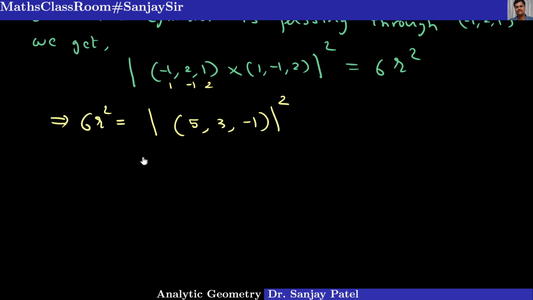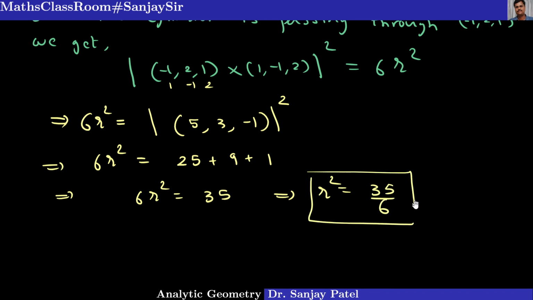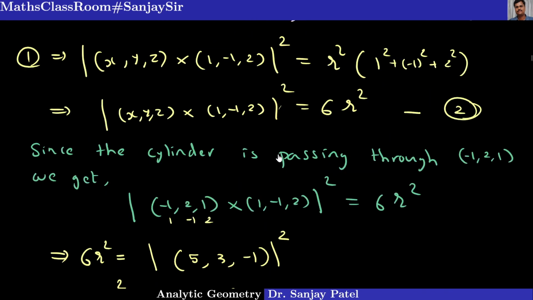We get (5, -3, -1). So it is 25 plus 9 plus 1, okay, because that is a square. So 6r square is equal to 35, or you can say r square is equal to 35 by 6. No need to find the square root over here, because in the equation we don't want it. We can just simply put the value of r square in equation 2, and that's all.